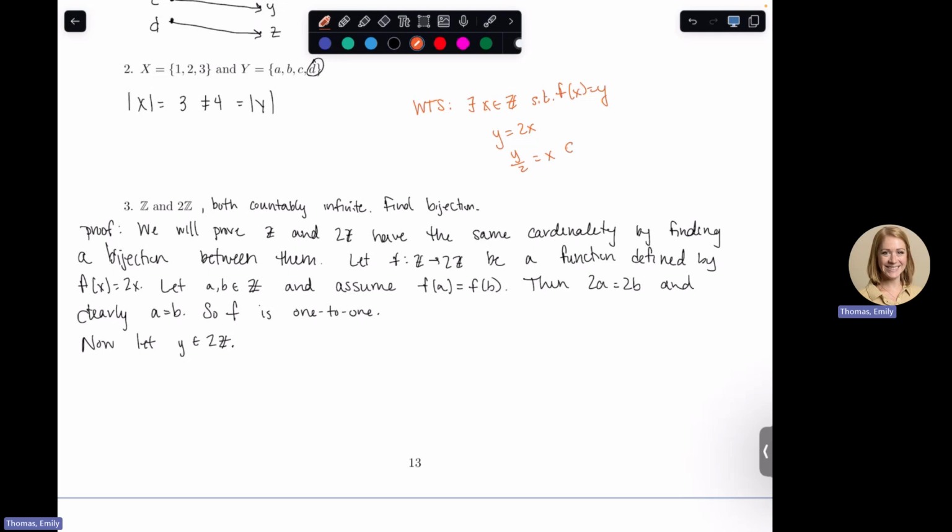Is this an element in Z? Yeah. y is even, so y over 2 is going to be an integer, right? We started with y is in 2Z, so y over 2 is going to be in Z. Is that okay?